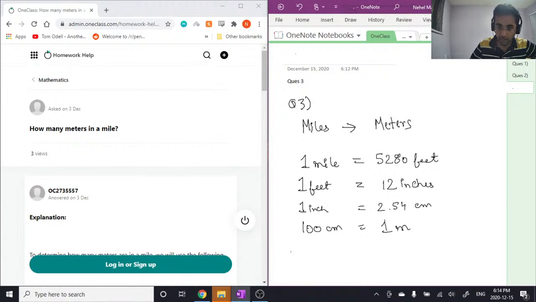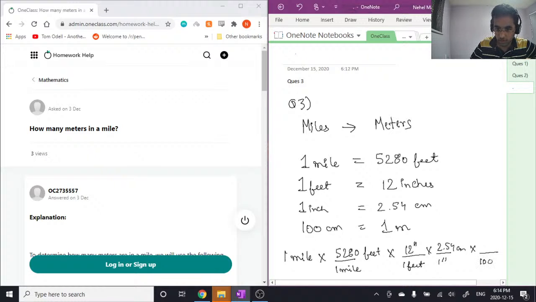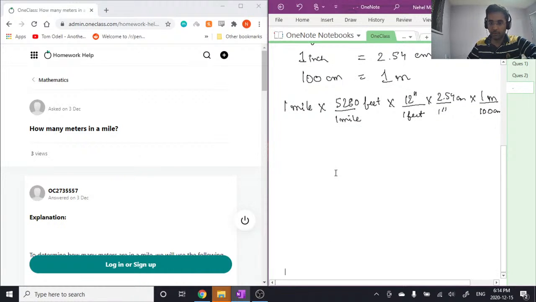So therefore, the final formula for this, and I would write this in fractional form with the units, would be: 1 mile, multiplied by 5280 feet per 1 mile, then 12 inches per 1 foot, then 2.54 centimeters per 1 inch, and then 1 meter per 100 centimeters. So when we compute all of this, we would get our final answer.